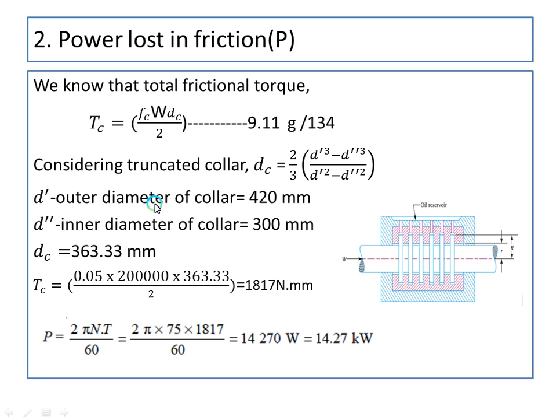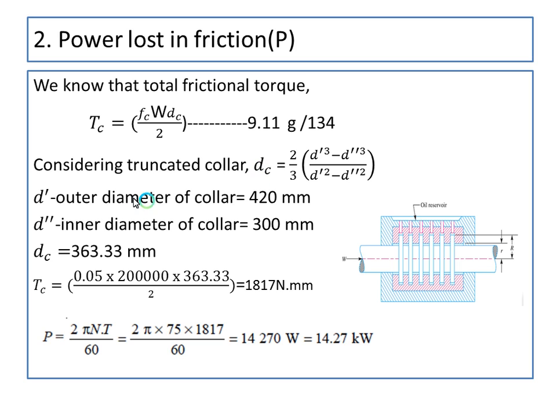Since two diameters have been given, we can use the formula for dc, the mean diameter of the collar. Please understand that the mean diameter we need to calculate.